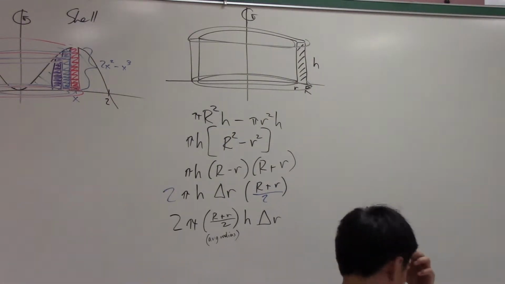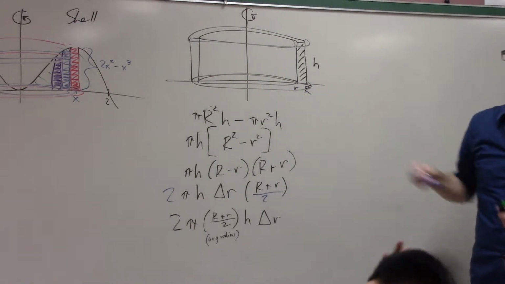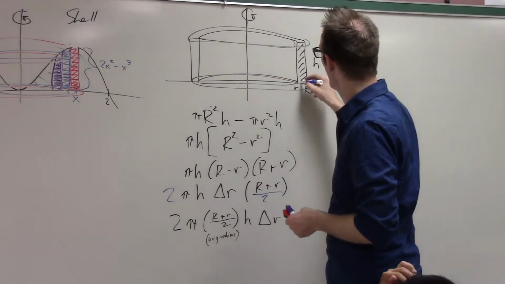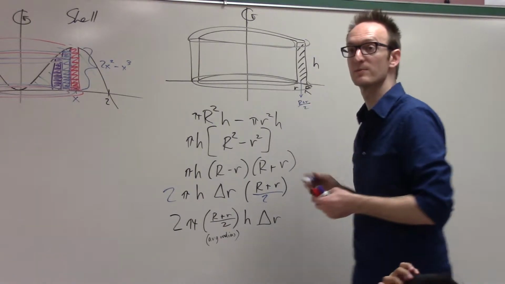It's just the average of big R and little r. I thought it was an average of all the different ones. No, the average for a particular little r and big R. So in fact, it's just this little point right here.